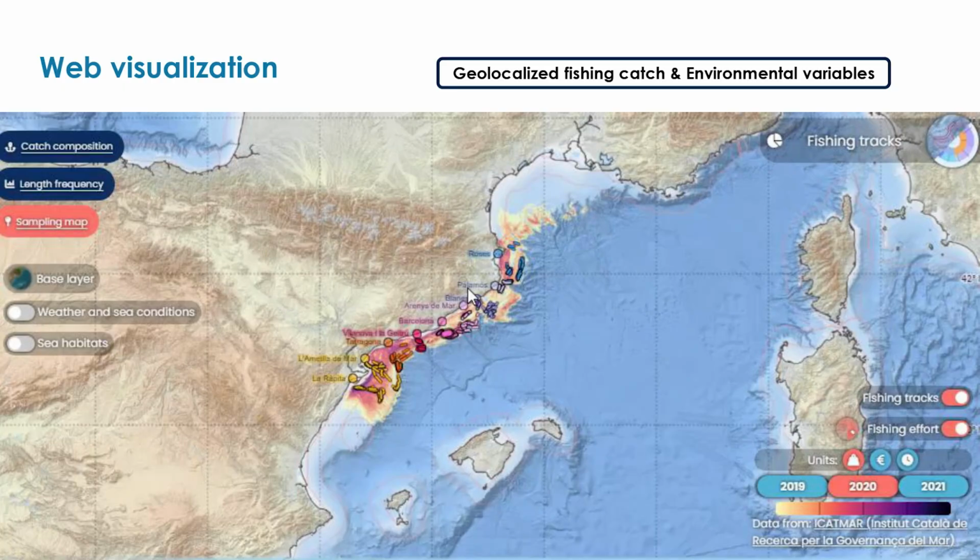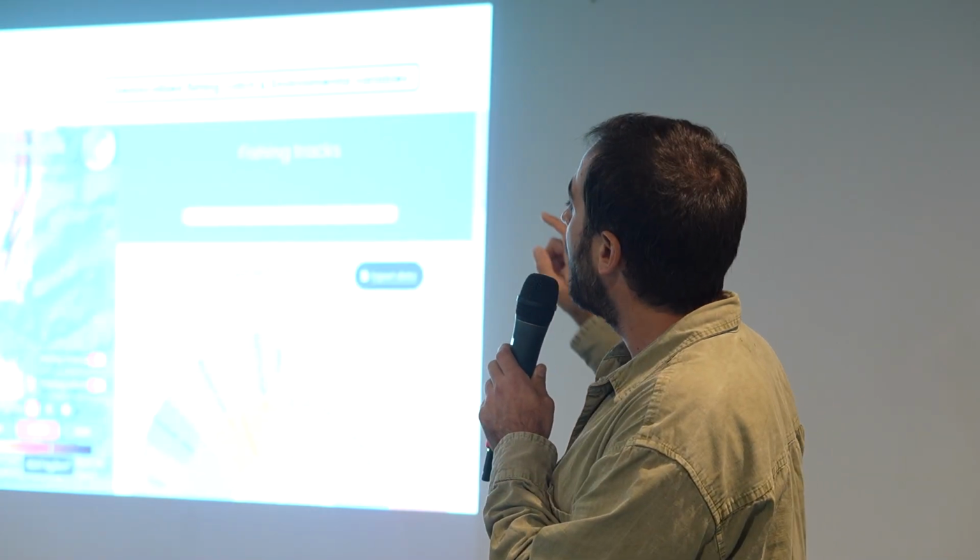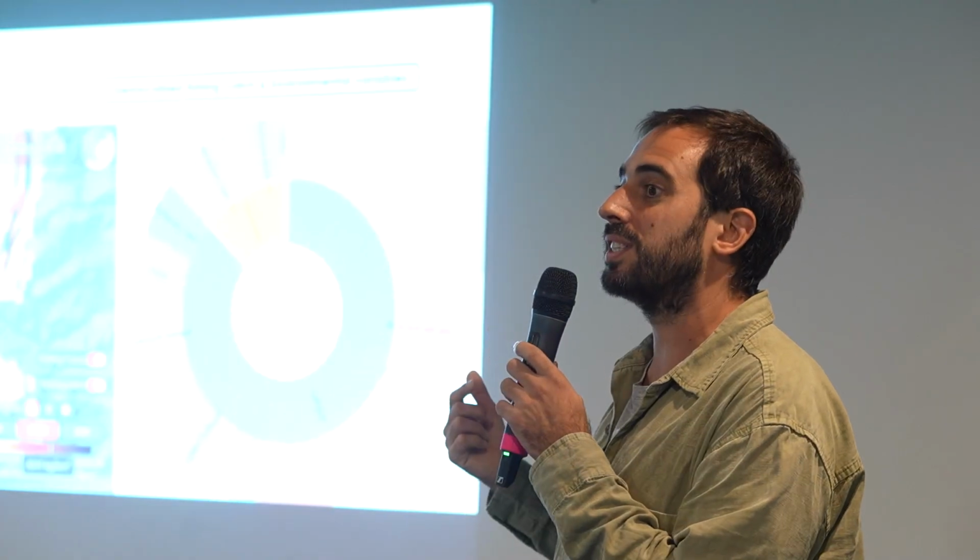So on the other side, we have the geolocalized fishing catch, where in the background you can see the maps that Joan was explaining before, about the fishing effort, the amount of kilos per square kilometer and the amount of euros per square kilometer. And we overlap this information with the sampling information.